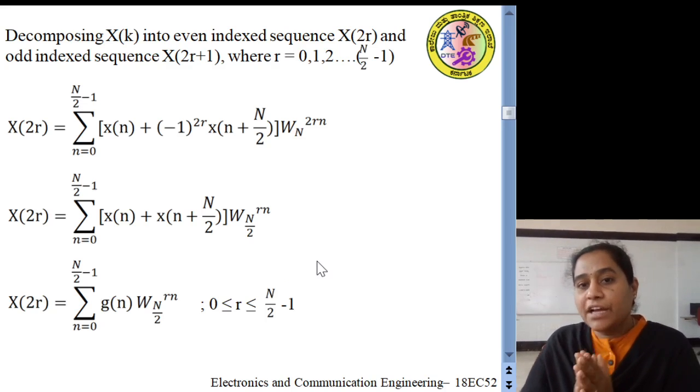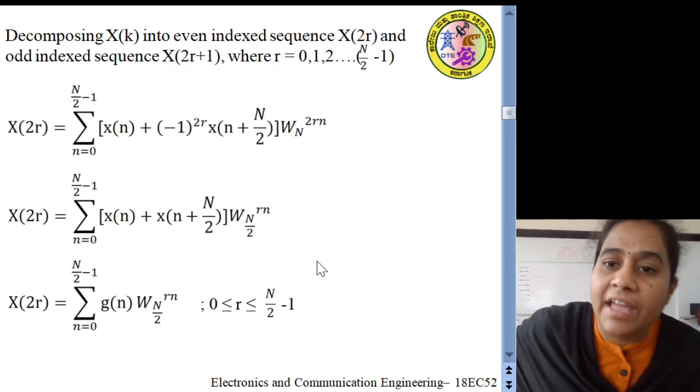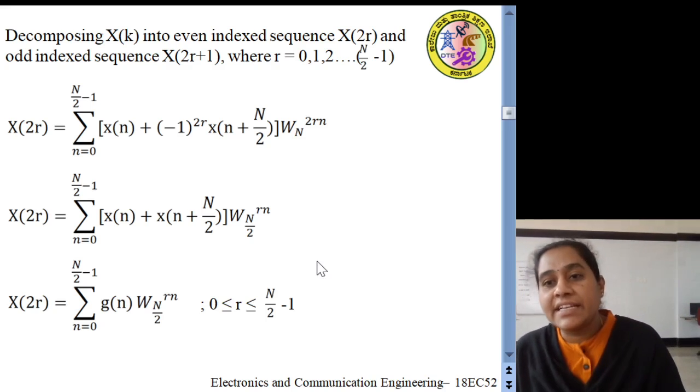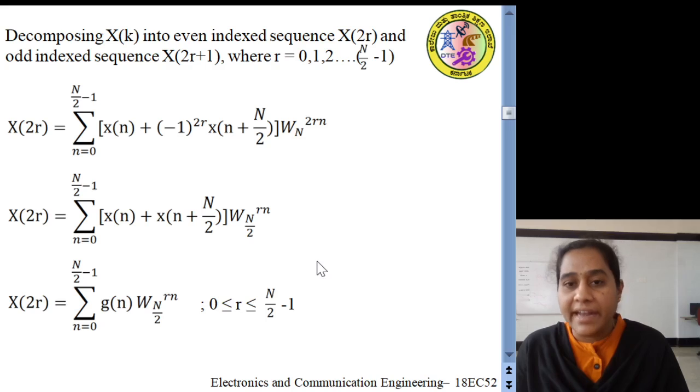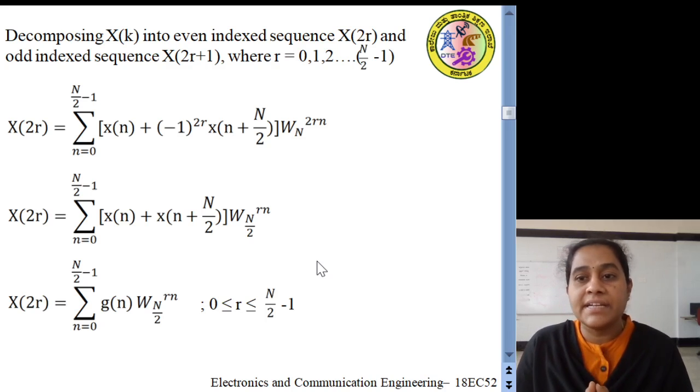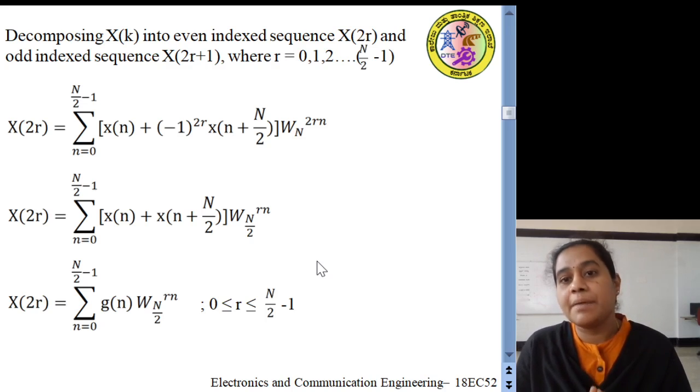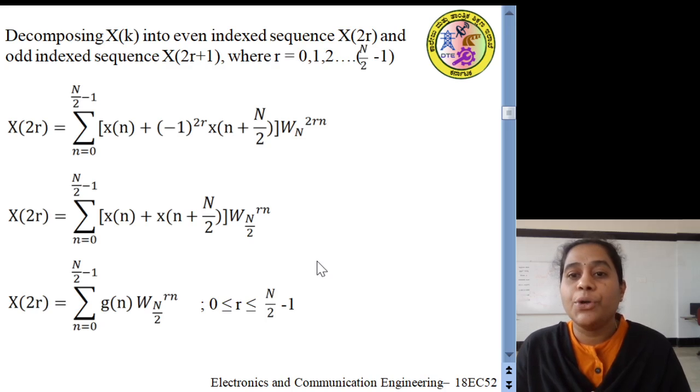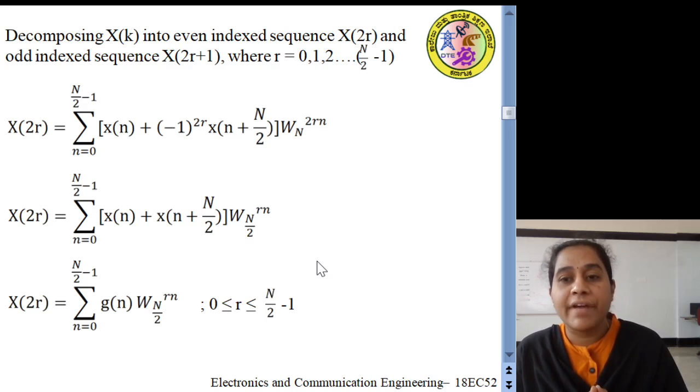Now, we decompose our DFT X of k into an even index sequence and an odd index sequence. The even index sequence is represented by x of 2r and the odd index sequence by x of 2r plus 1. Here, the value of r varies from 0, 1, 2 up to N by 2 minus 1.